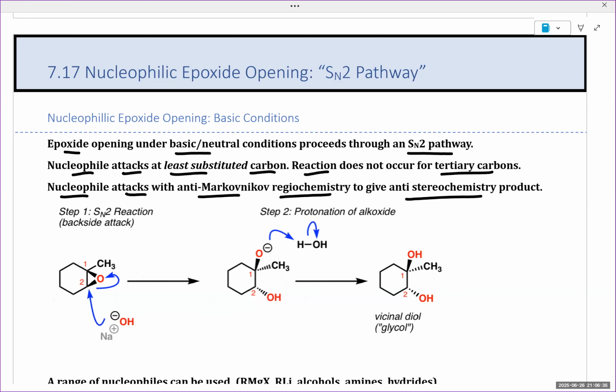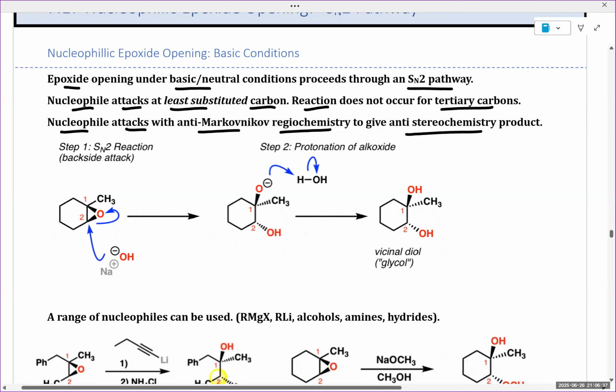So, the key mechanistic difference between acidic and basic conditions is under basic conditions, it's an SN2 reaction. And what that means is you're going to attack and open the epoxide from the opposite face at the least substituted position.